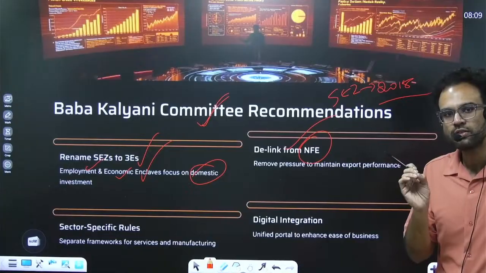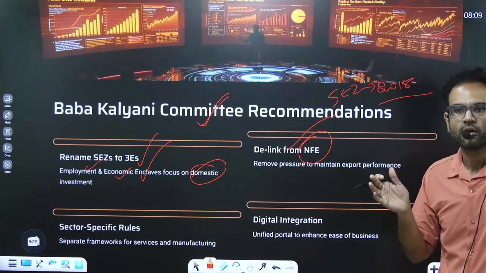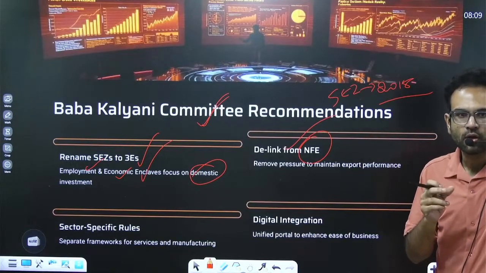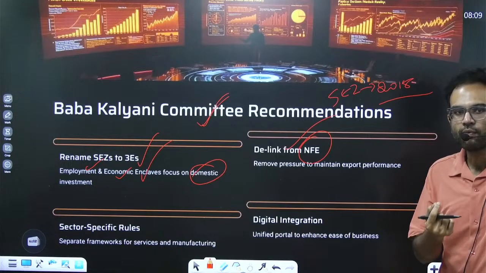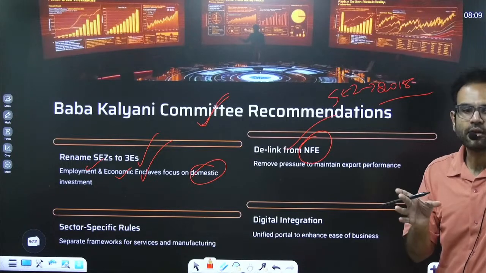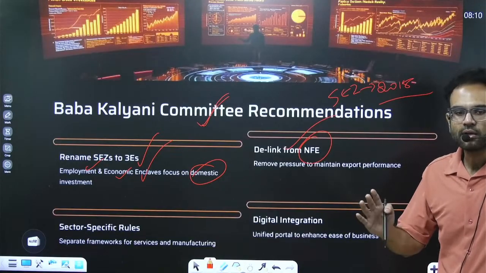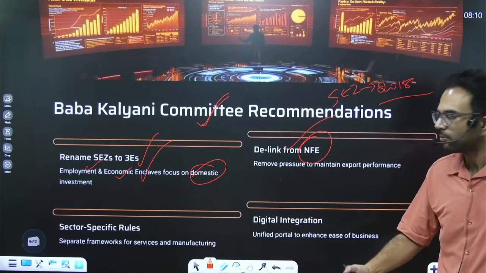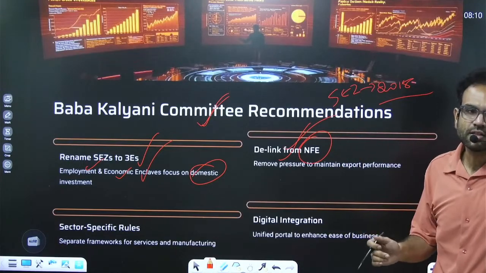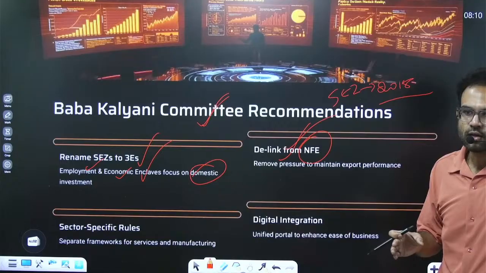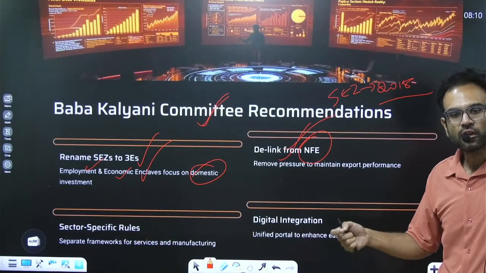Exports should just be a part of your worry. It's not the only focus. So, if you take this pressure away from them and focus on a complete nurturing of these industries, they will evolve and eventually contribute better to the economy, and that is what the recommendation says. You have to de-link the units in the special economic zones from this net foreign exchange requirement.